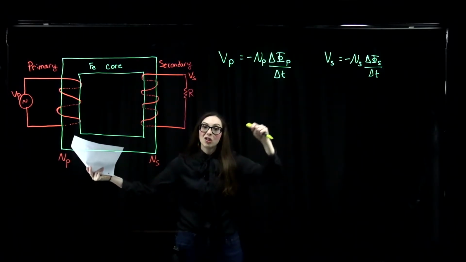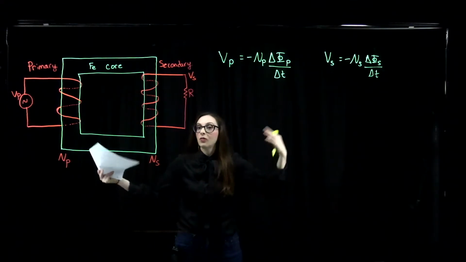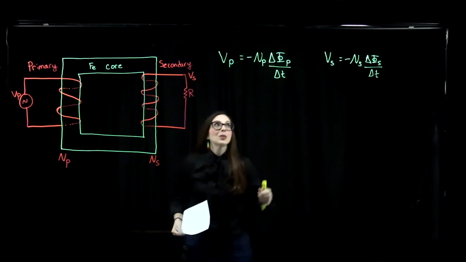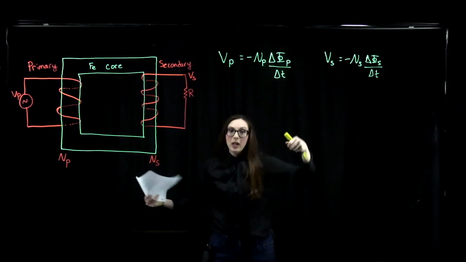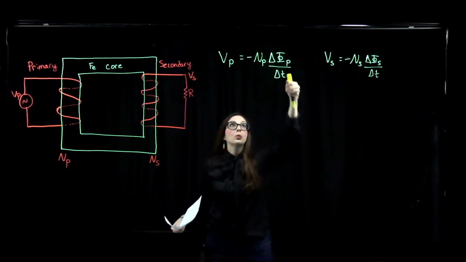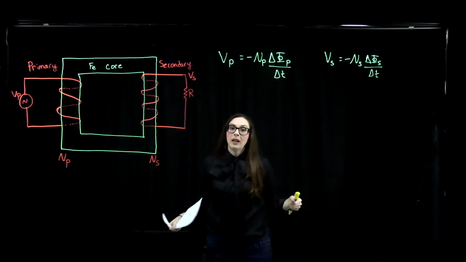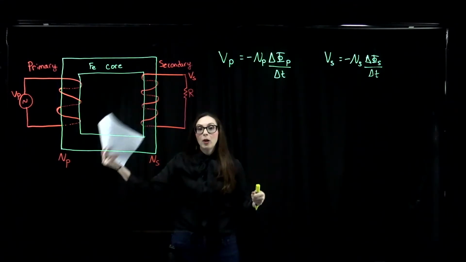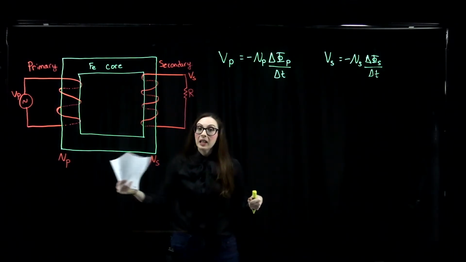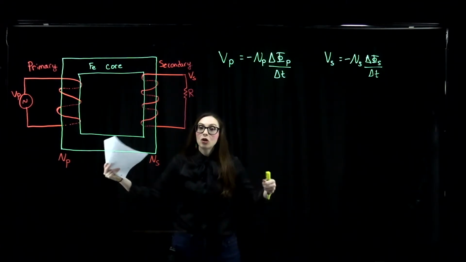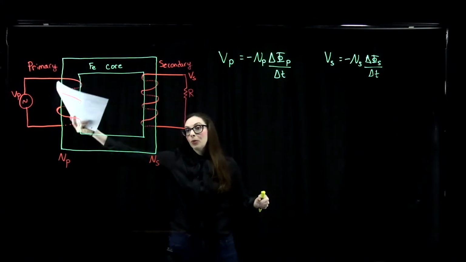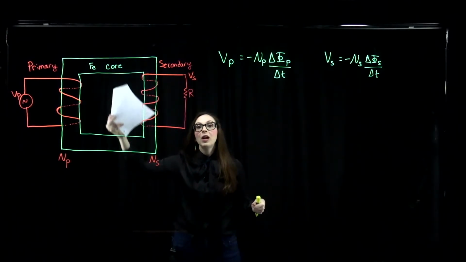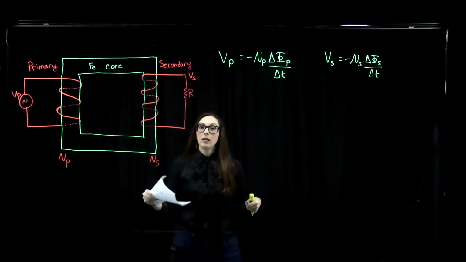So you've got this changing magnetic flux because of our fluctuating current from our alternating current source, and that will induce an EMF. The key that's happening here is that this changing magnetic flux for this coil is the same as the changing magnetic flux on our secondary coil.